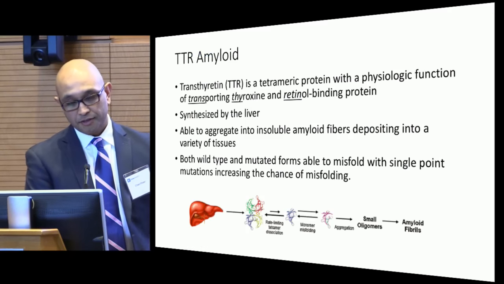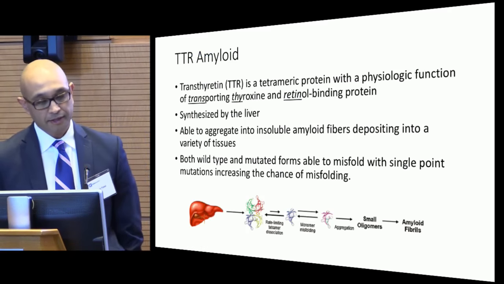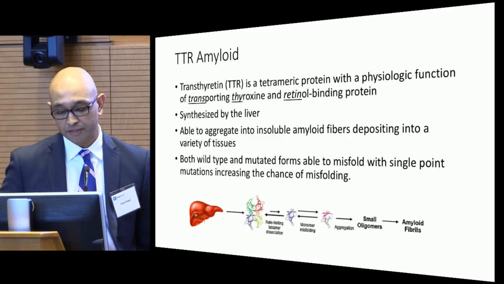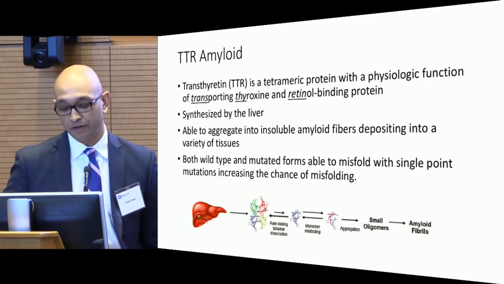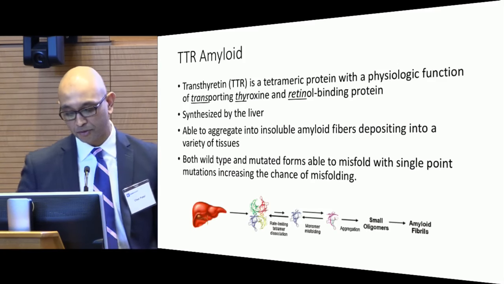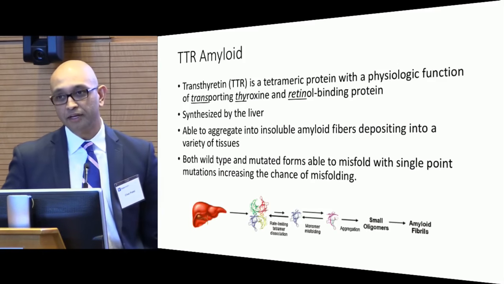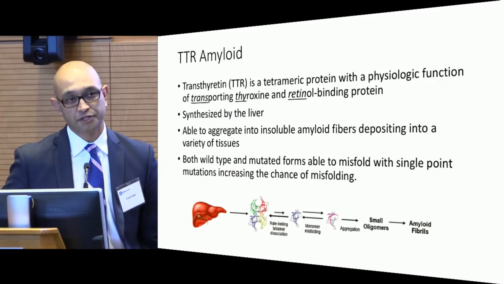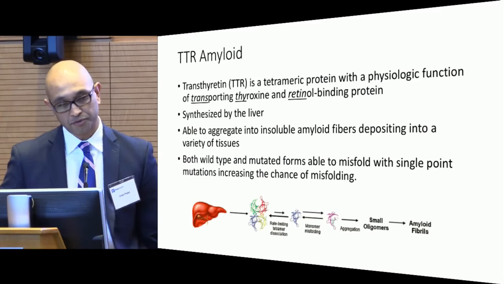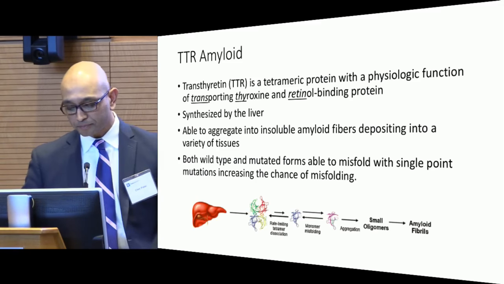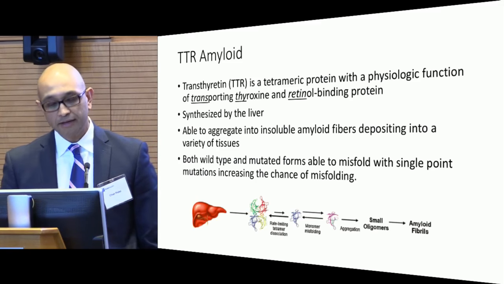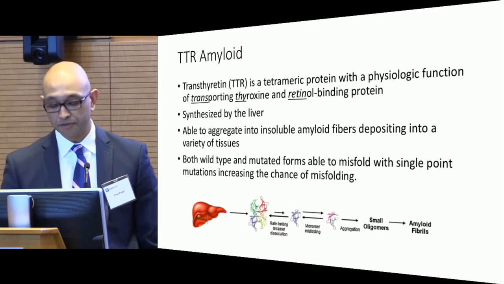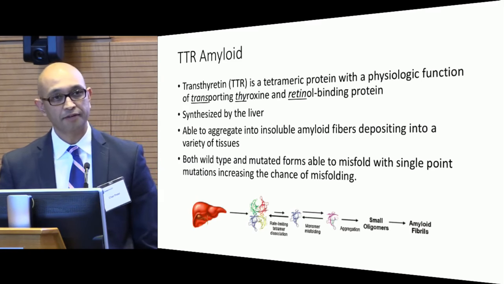So, as Sasha alluded to, TTR amyloid is a condition where there is deposition of a particular protein, the transthyretin protein. I'm going to refer to it as TTR, just because I struggle with long words. But everybody has this protein. It has a physiological function as a chaperone protein, transports thyroxine and vitamin A. It's synthesized by the liver, and it has an ability to aggregate into amyloid fibers or fibrils, which deposit into a variety of tissues.